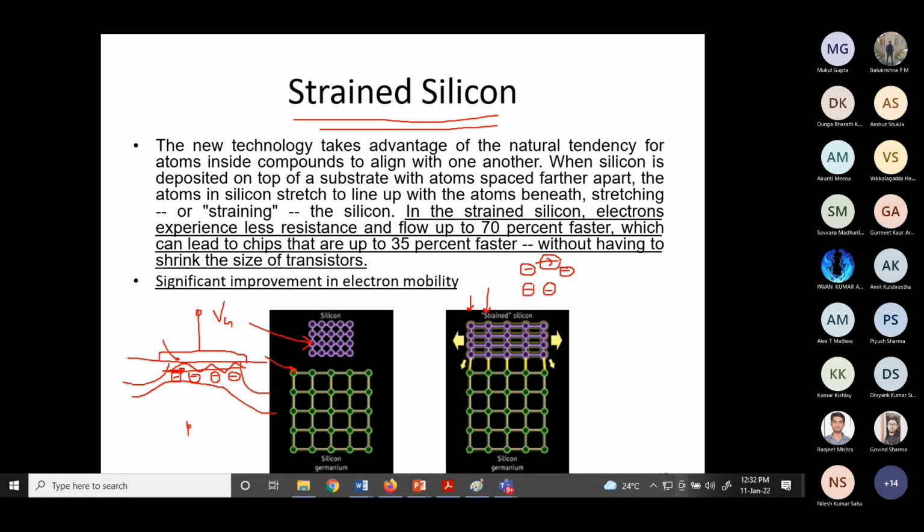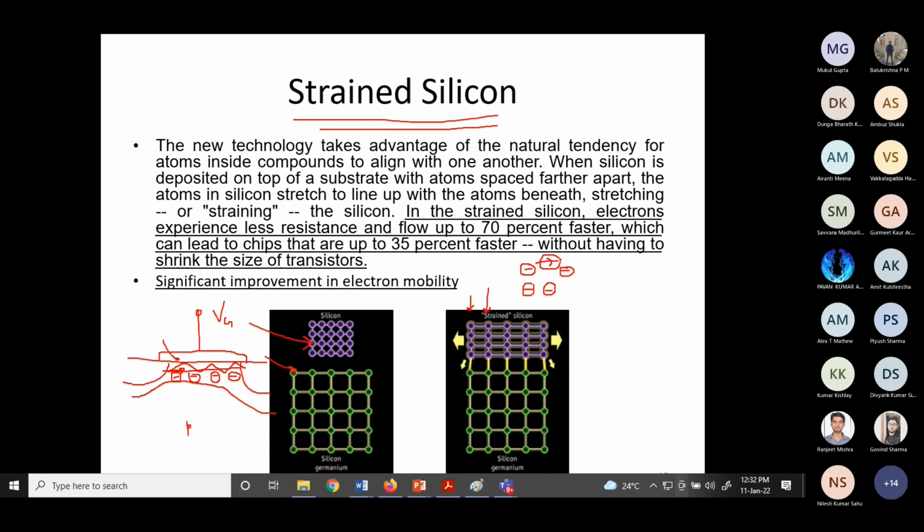I hope you understand that. This is a very simplistic view I am telling you. It's more complicated, and I don't want to go in that direction. There are different orientations of the crystal, and this simplistic view is not entirely correct, and it behaves differently for N channel MOSFET and P channel MOSFET.